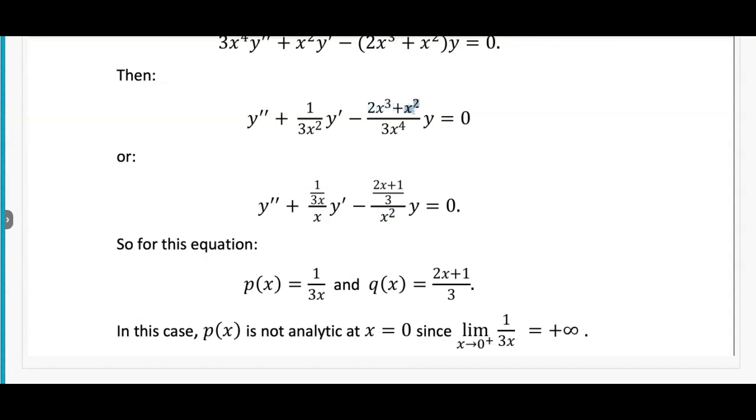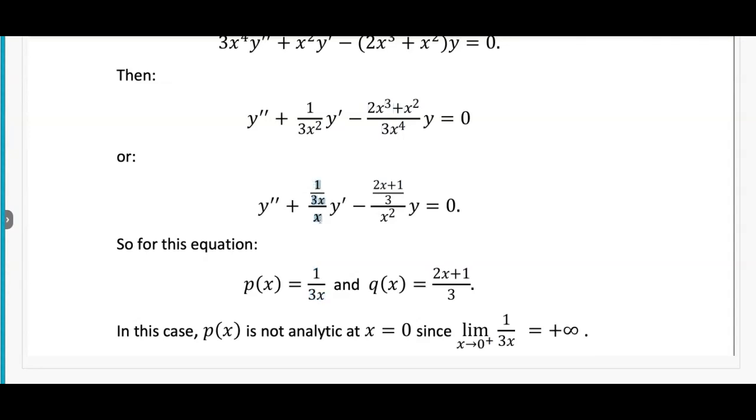X cubed, x squared, 3x to the 4th power. We can factor out x squared. That becomes 2x plus 1 divided by 3x squared. So this one can be written as this, because we want to multiply by x squared. So if we multiply this one with x, we get 1 over 3x.